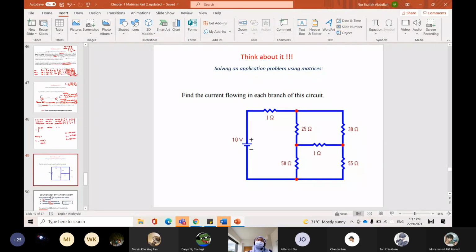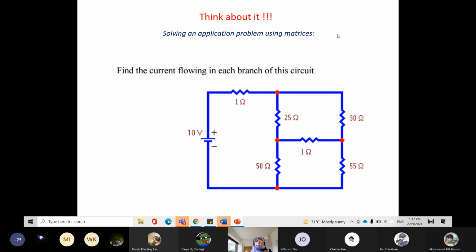Alright, we can see the next example here. Maybe we can ask our friends from the electrical or electronic engineering program. I think there are one or two students in this class from electrical and electronic, right?